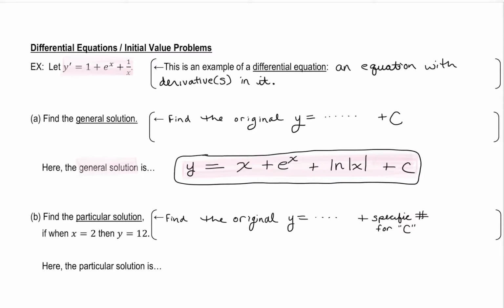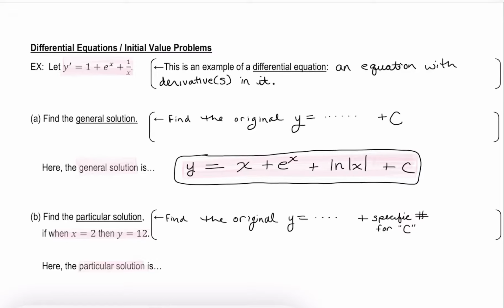So in order to find that, they have to give you some sort of point that satisfies the original equation. And so in this example, we are told to find the particular solution when x is 2, y is 12. So what that means is we are going to sub in that point (2, 12).